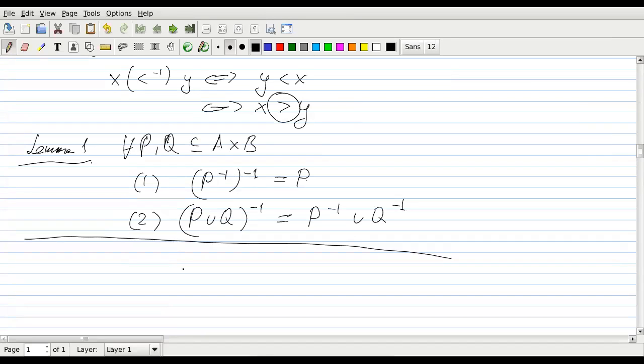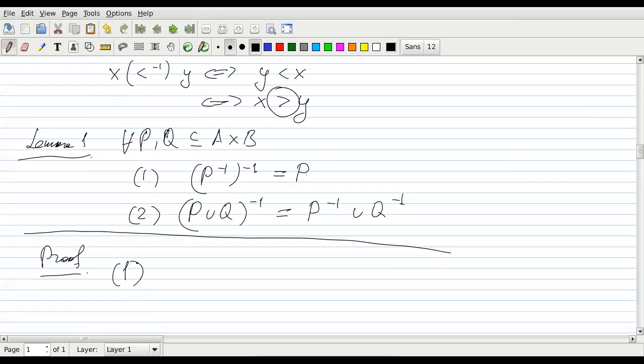That is, the conversion of larger set is larger. So it does not change the union for intersection. It is not like complement. The conversion is not complement. So please take it into account.